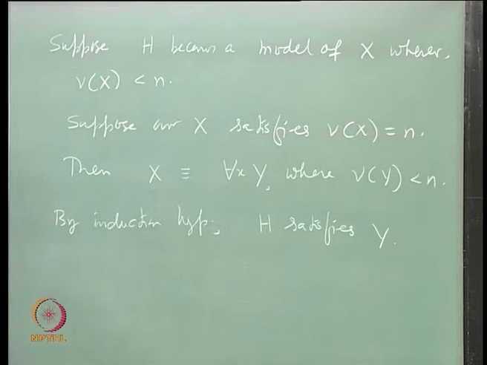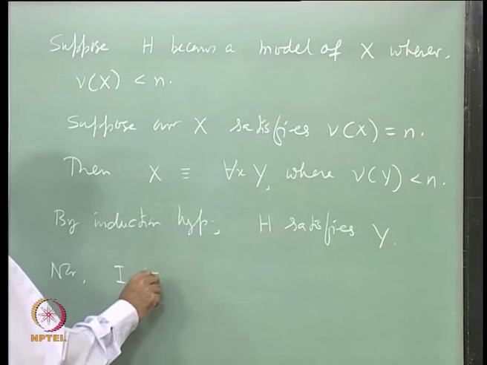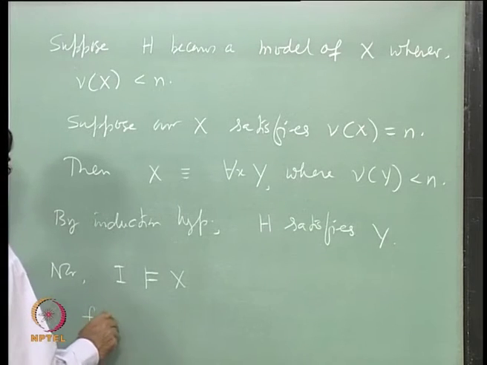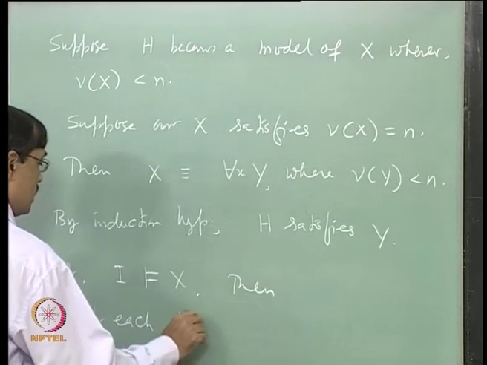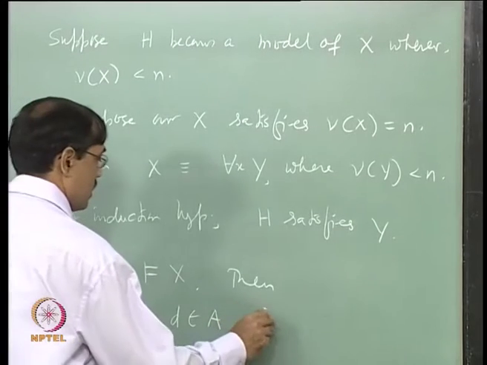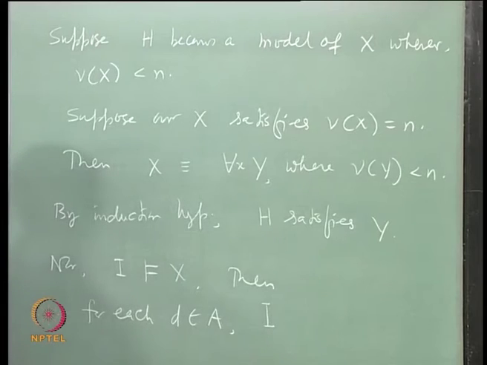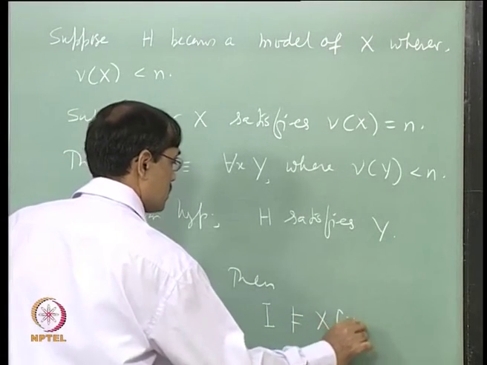Now, let us see what to do for H. Now, I is a model of X, so that means for each d in A, we have I satisfies y with x replaced by d.